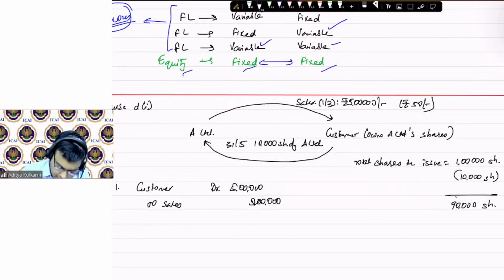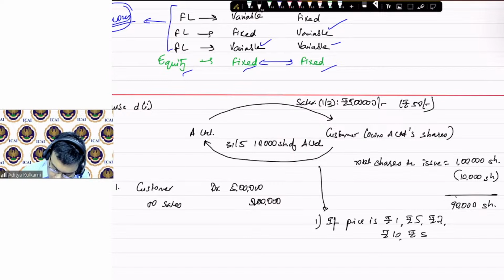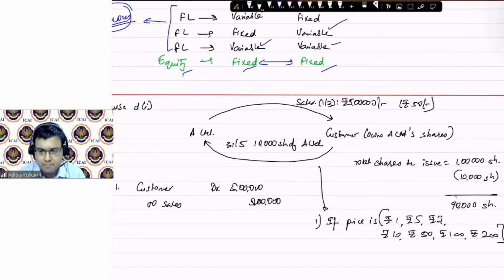Now, answer my question. As per the agreement, 10,000 shares should go. If price is rupee 1, rupee 5, rupees 7, rupees 10, rupees 50, rupees 100, rupees 200, basically whatever be the price of the share, A Limited has contracted to receive the entire 10,000 own shares from the customer.